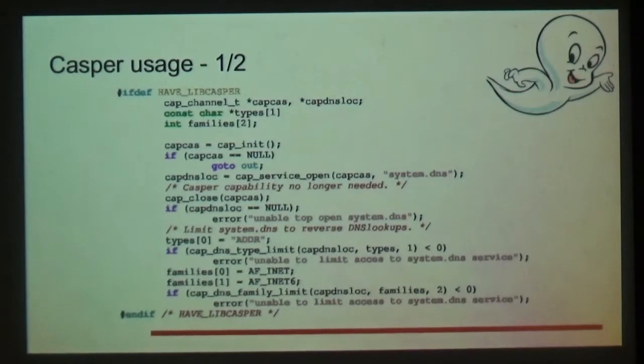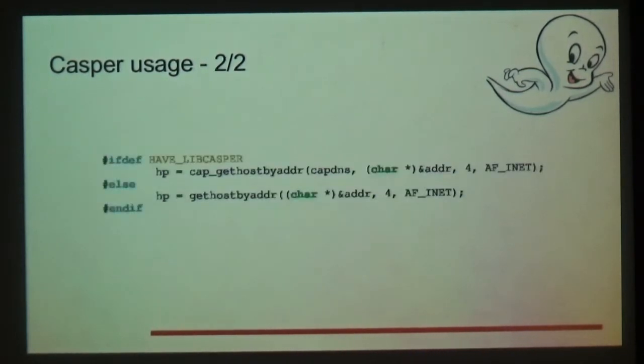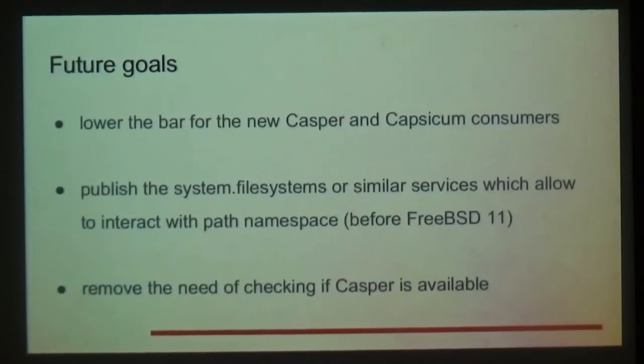In this case, we want both of them. And after that, we also need to change the original function from libc to the new Casper function, which is very similar to the original one, but it has an additional argument which provides the connection with Casper.